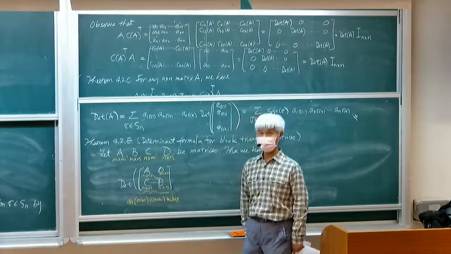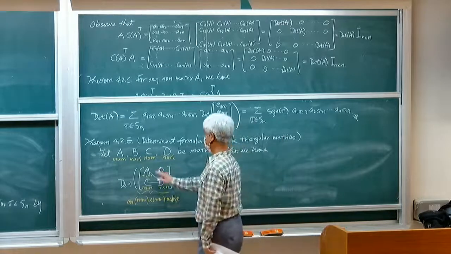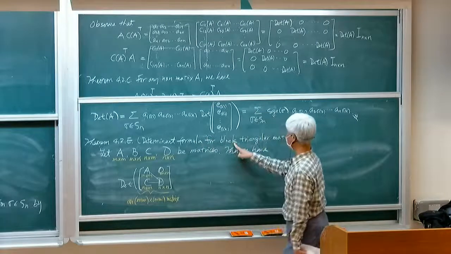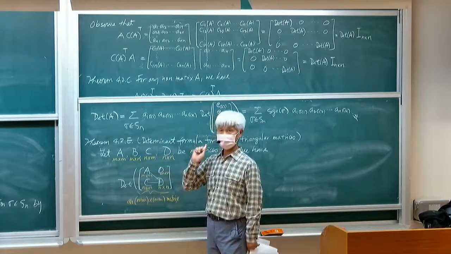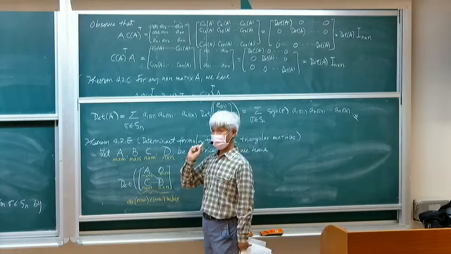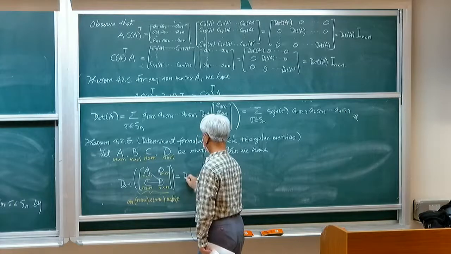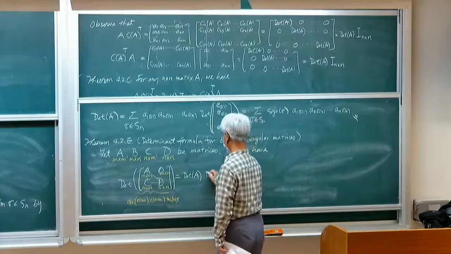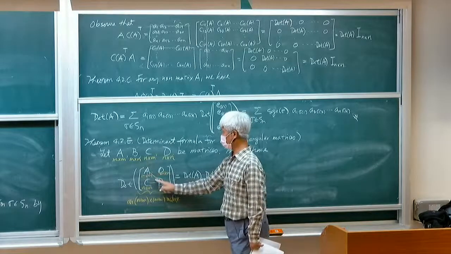So this is a very big matrix, a block lower triangular matrix. Its determinant can be computed as the product of the determinant of A multiplied with the determinant of D.